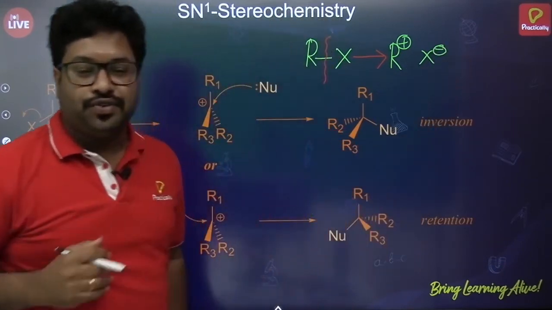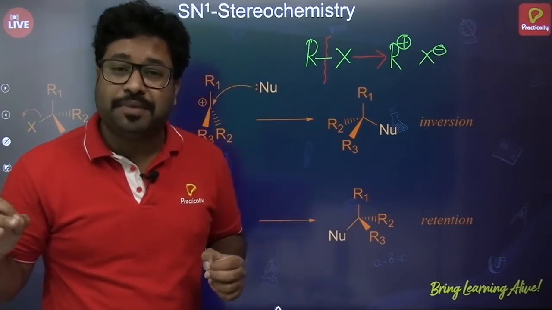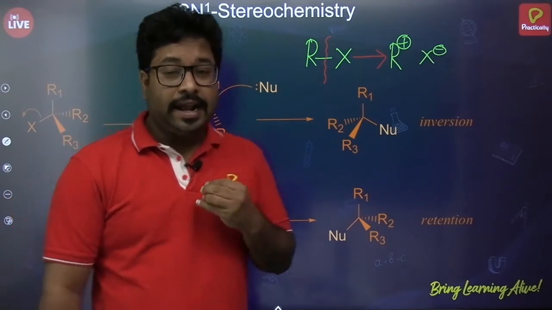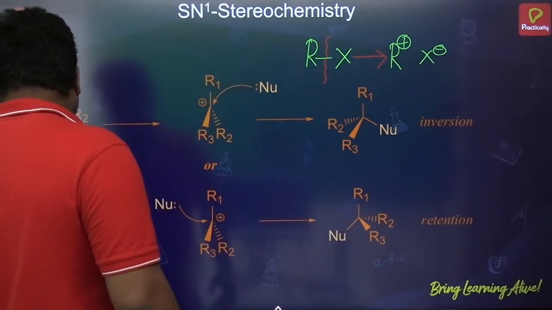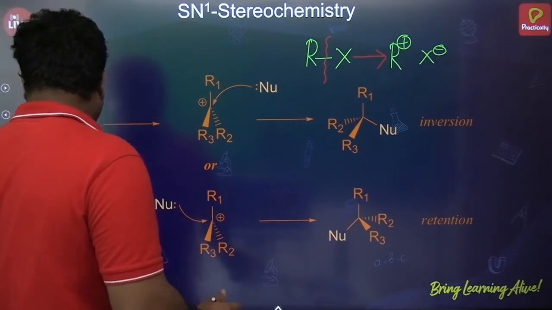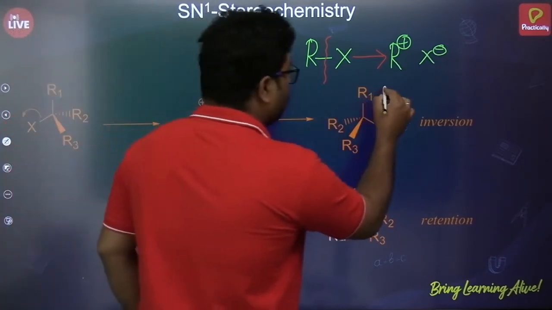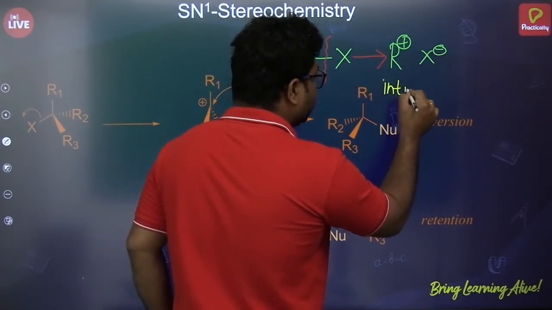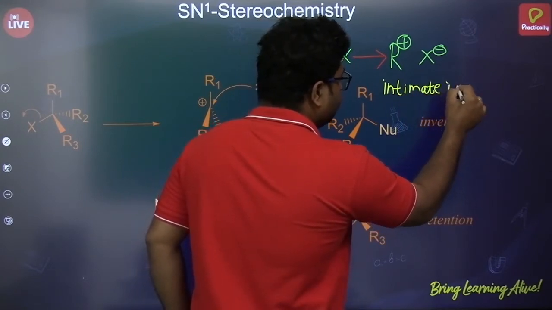Now, what do you think? Does the leaving group depart immediately after breaking the bond, or does it stay there? The answer is it stays there only, and that is what is called an intimate ion pair.